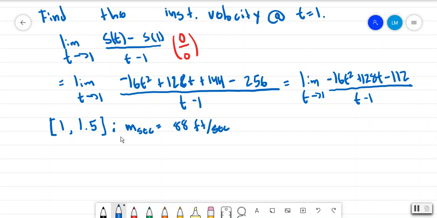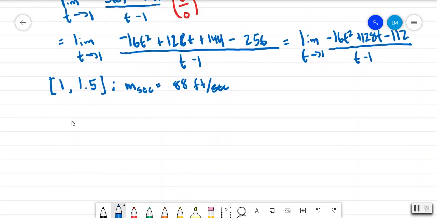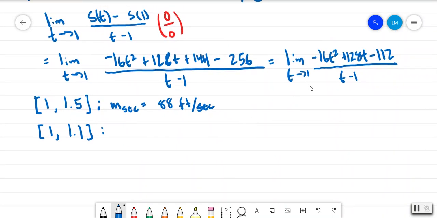Now, if I do that repeatedly with different time intervals, like 1 to 1.1, you do the same computation, plugging that back into this secant slope.